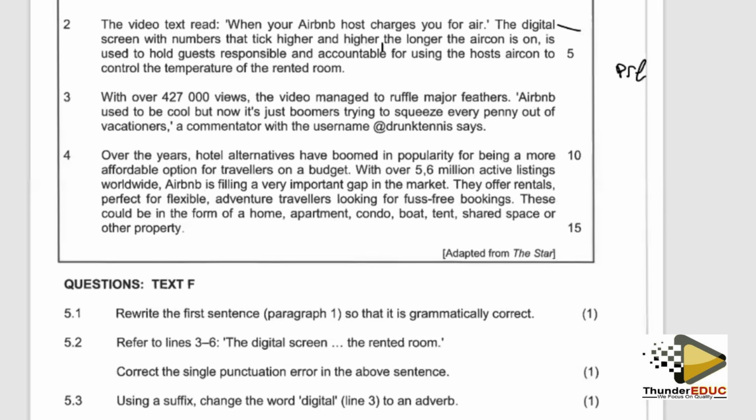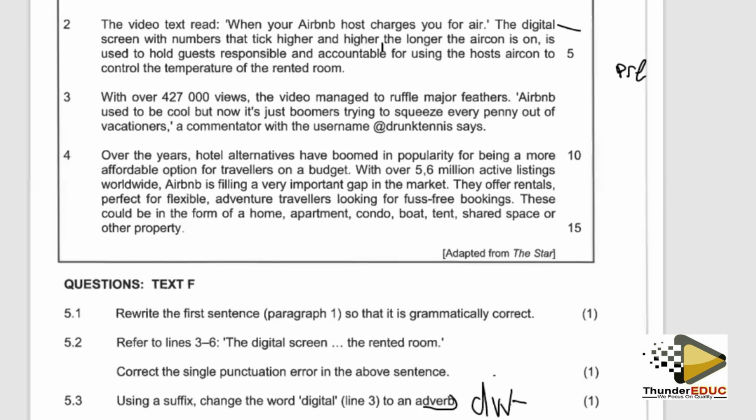We'll have to add an ly at the end of digital to change it into an adverb. So digital becomes digitally with an ly at the end. It will become D-I-G-I-T-A-L-L-Y.